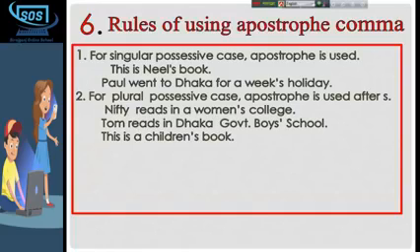So we need to put an apostrophe before s after the plural form of the common noun. In the same way, there is an example. This is a children's book. Here children is a plural form, so we will use an apostrophe before s after the plural form.